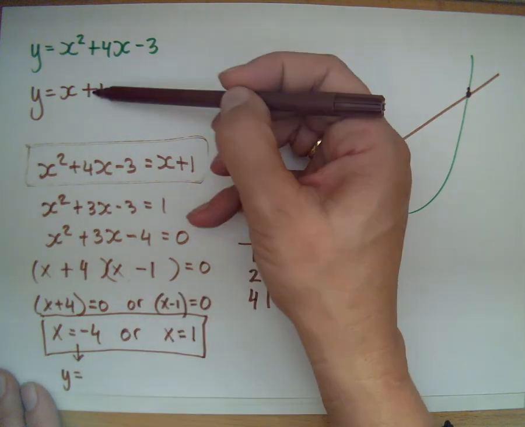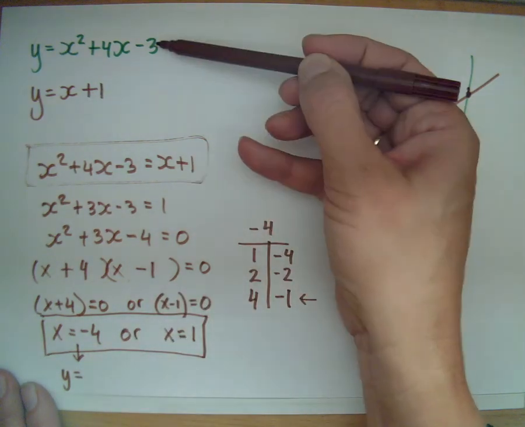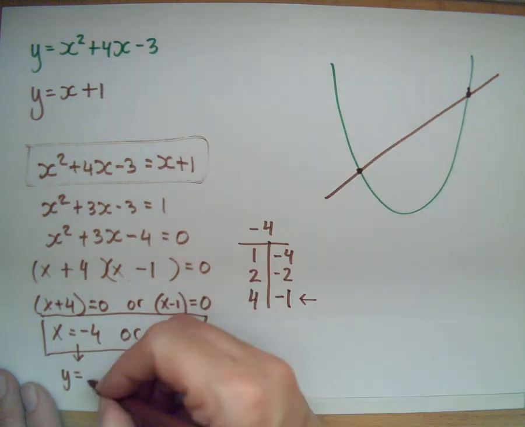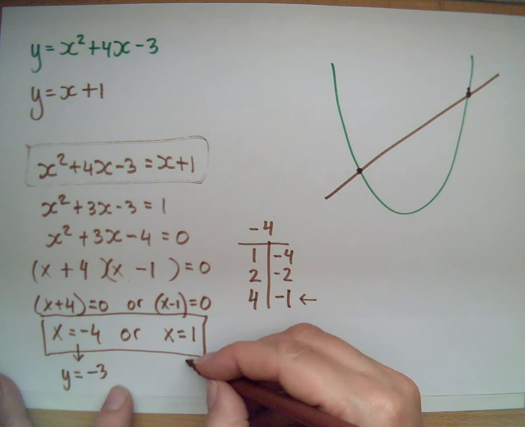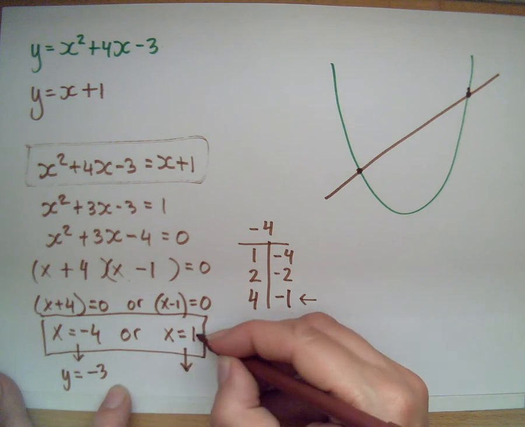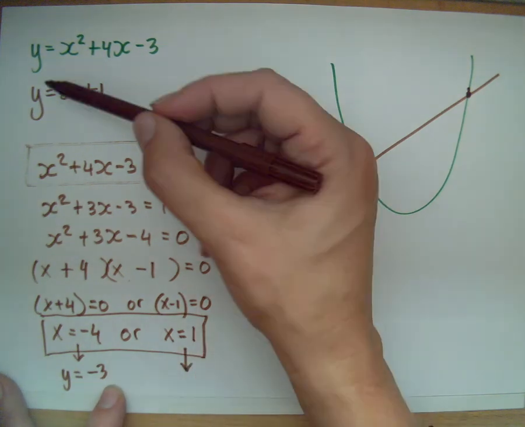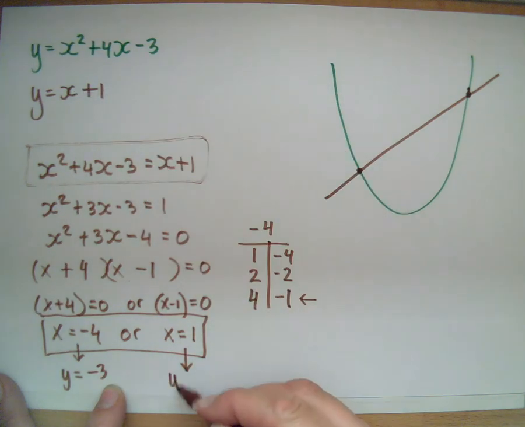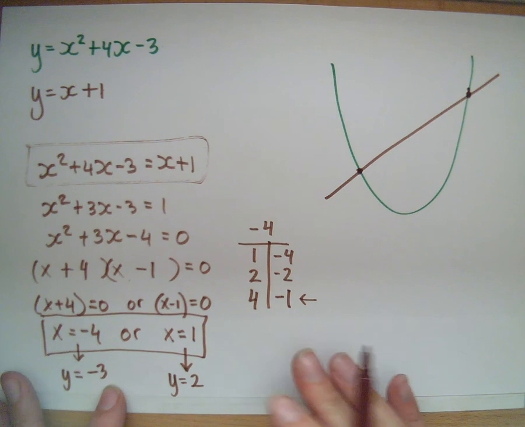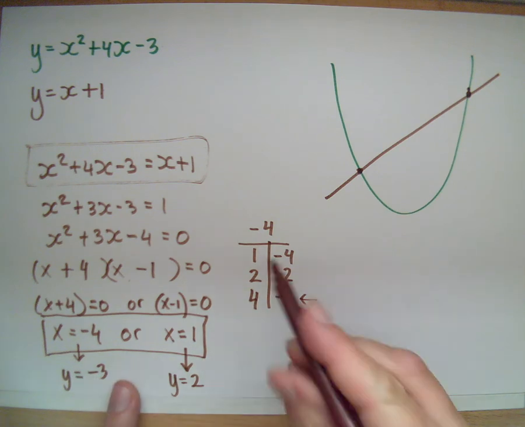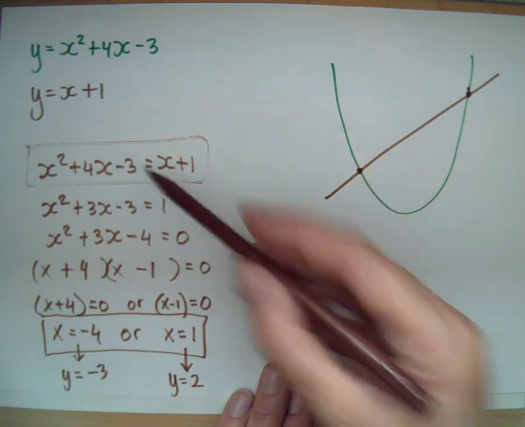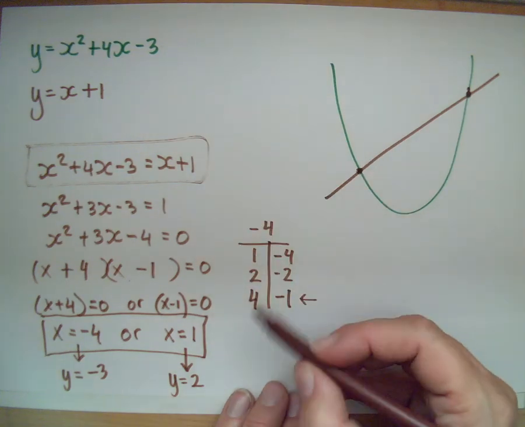We can plug it into this equation or this equation. We're going to do this one because it's easier. -4 plus 1 is -3, right? When x equals 1, what does y equal? 1 plus 1, 2. Y equals 2. So that means there are these two coordinates where the two lines intersect.